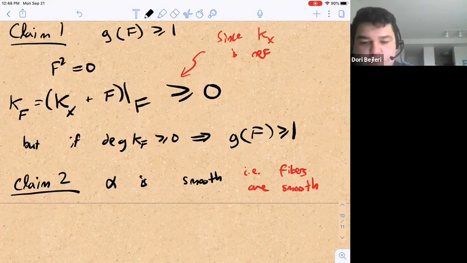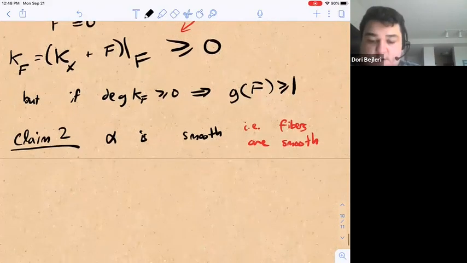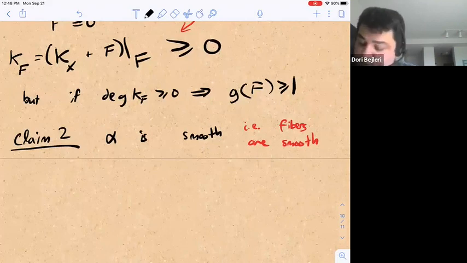So let's set some notation. Actually, no, let's prove first that the fibers are irreducible.